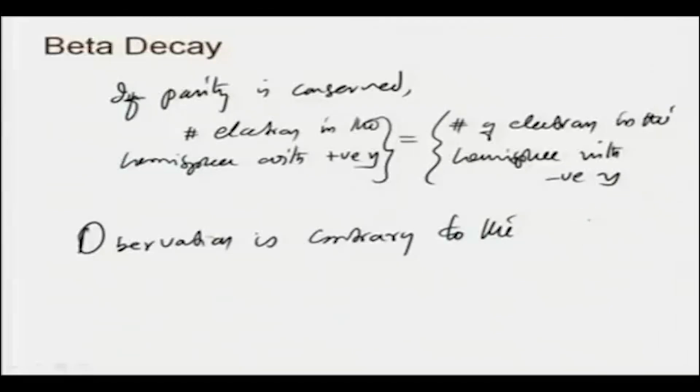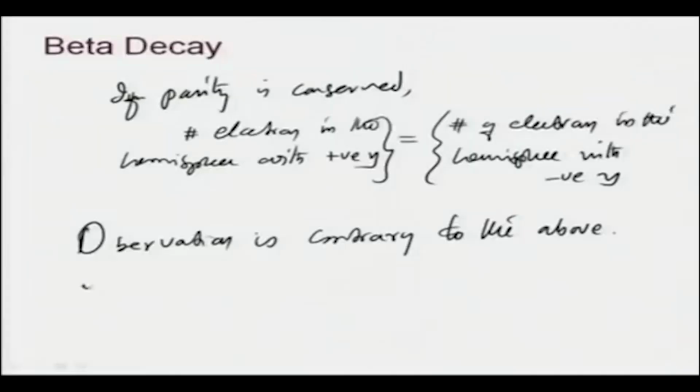If you consider the number of electrons coming in the positive y direction and the number of electrons coming in the negative y direction, this is a violation. They are not the same. So, this says that parity is not conserved in such decays.